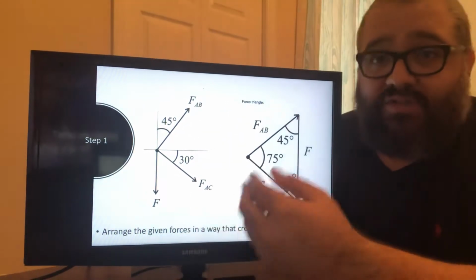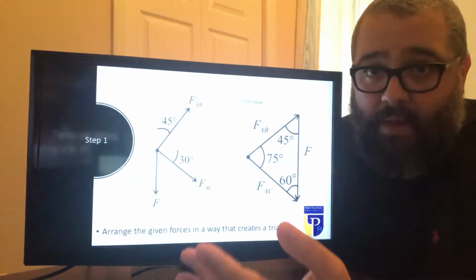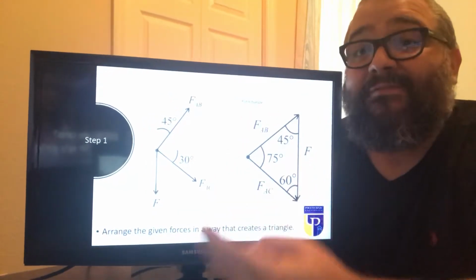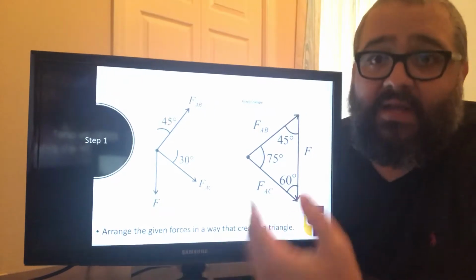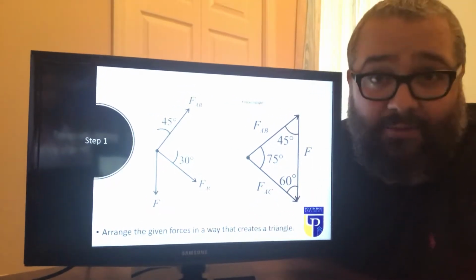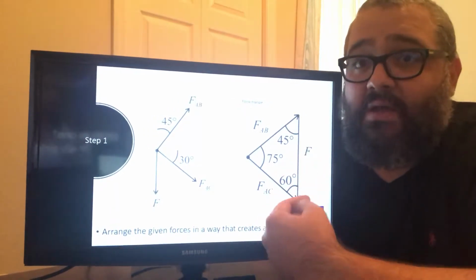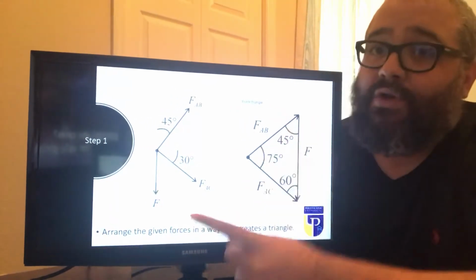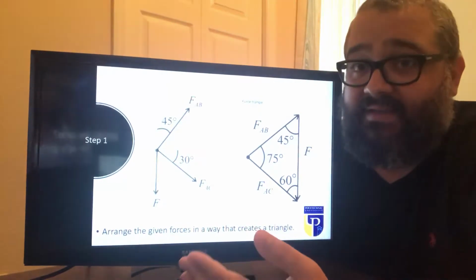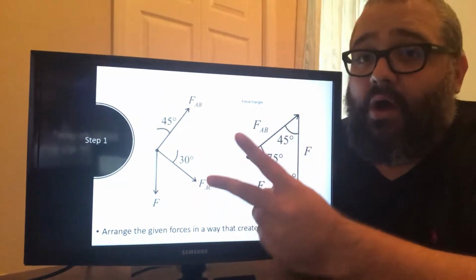There are some steps. Specifically, I'm going to mention 4 steps that we need to follow in order for us to be able to utilize the sine rule and to get the unknowns that we want from the exercise. Right now, we are looking for FAB and FAC, which are 2 unknown forces.